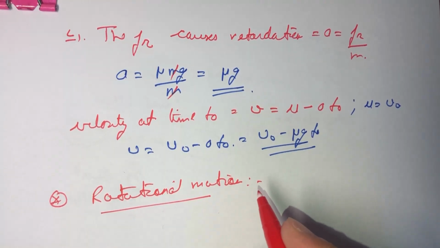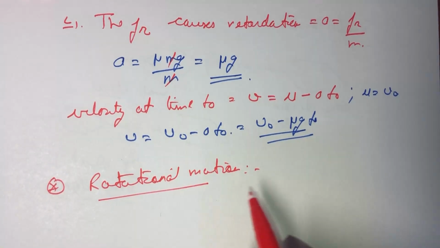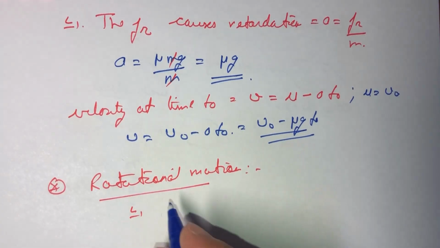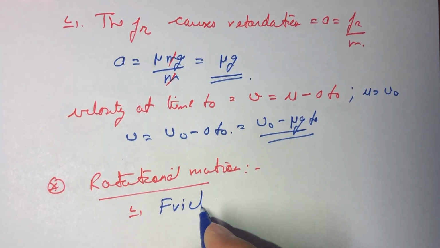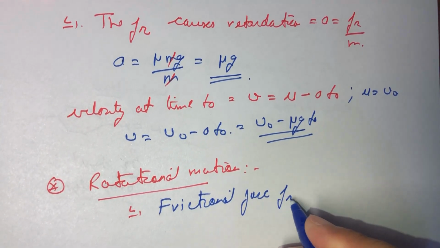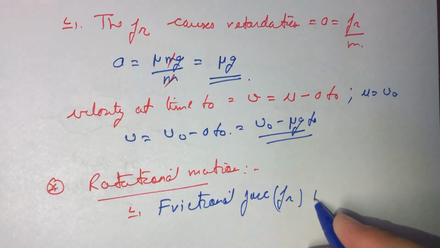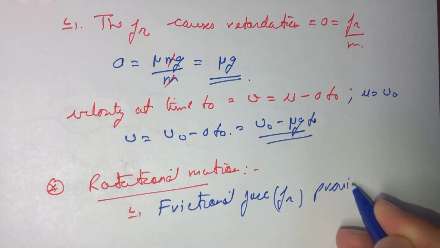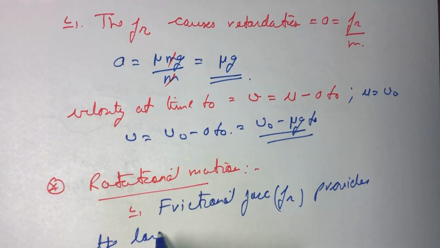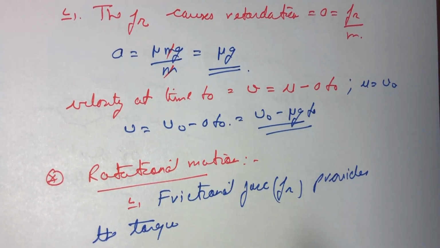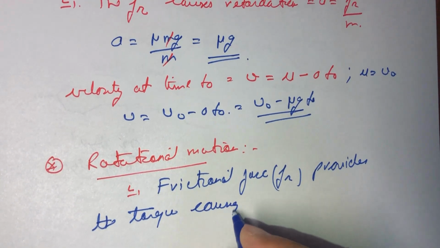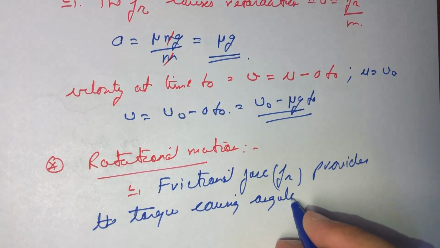Rotational motion, the friction is going to provide the torque. So we can say frictional force Fr provides the torque, causing the angular acceleration alpha.